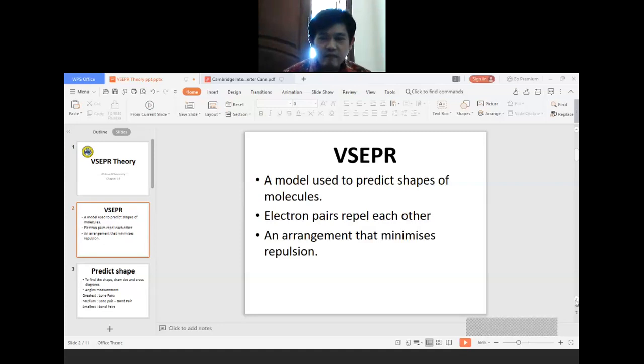Negative will repel negative, negative will attract positive, positive will repel positive. But in VSEPR there is no positive, only negative, because it is electrons. The arrangement minimizes the repulsion.